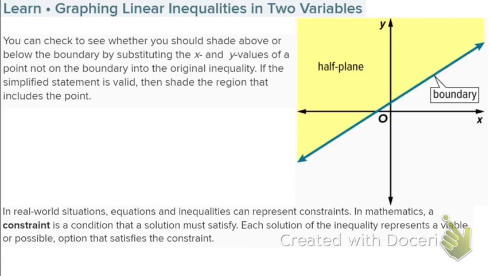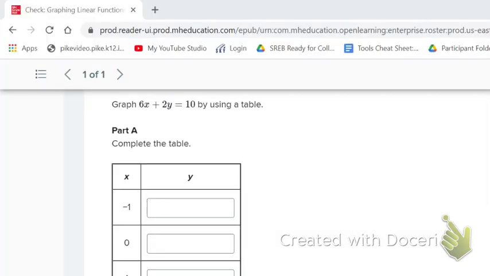I said you're not allowed to pick points that are where? That are on this line. If this line were going through my origin, that's the only time I would have to pick something different. And I'll show you guys how to test other points too, just in case that comes up. We're going to watch a real quick video.